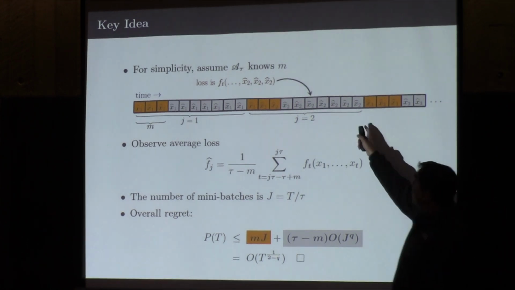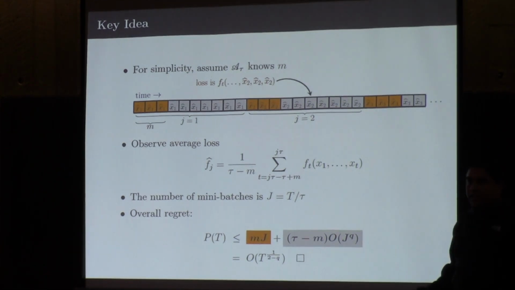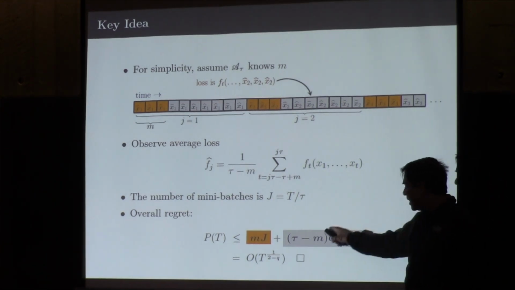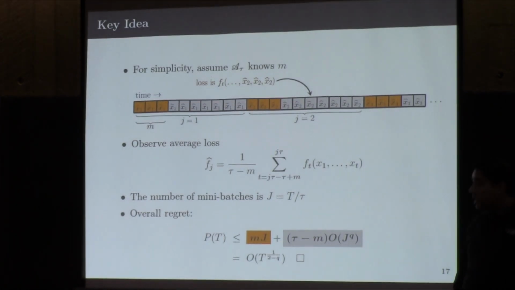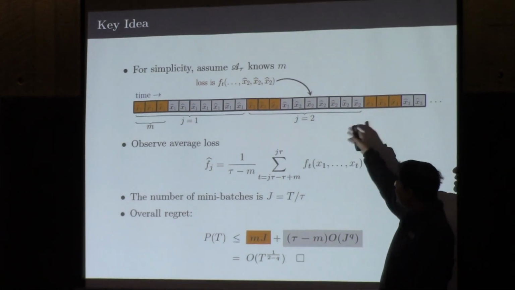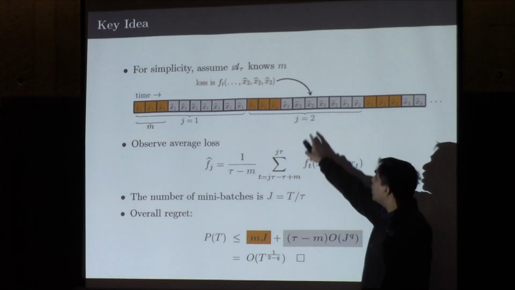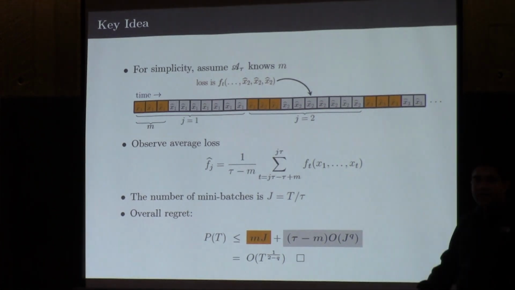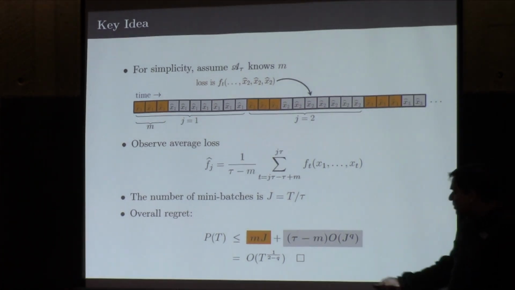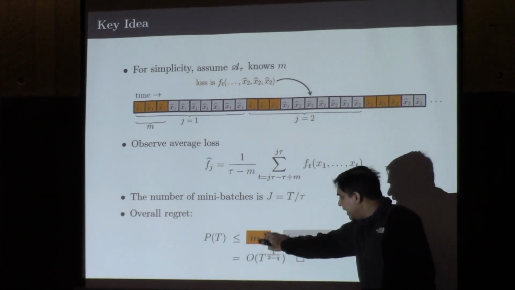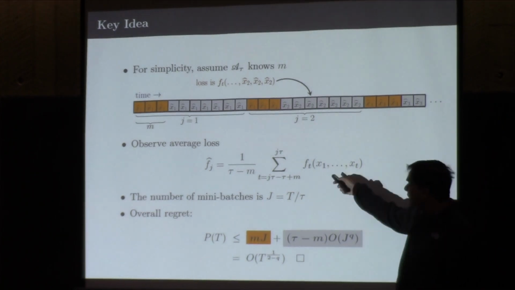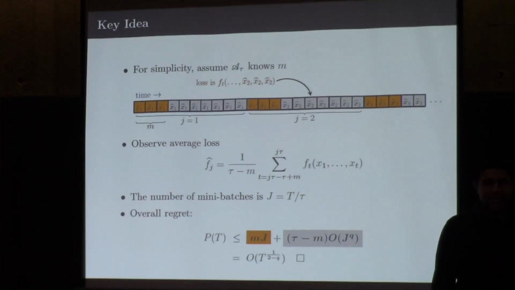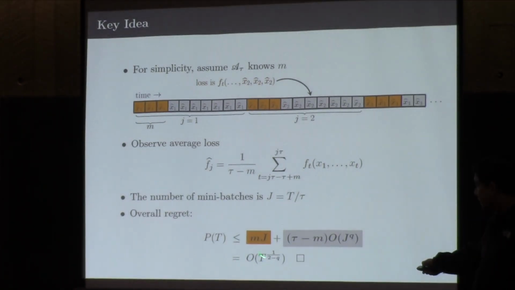So the regret on these rounds comes from the regret guarantee that I assumed. I do the same thing for each of the rounds, so think of this as being multiplied by tau minus m. So my overall policy regret is bounded by mj plus this quantity, and plugging in the tau that I wrote on the previous slide gives me this upper bound on policy regret.